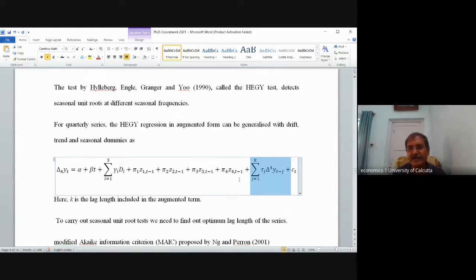So if your data follows AR2 in seasonal frequency, SAR2, in that case k is equal to 1. In the case of SAR3, k is equal to 2, etc. So here also k is the optimum lag length to be determined by following the information criteria.